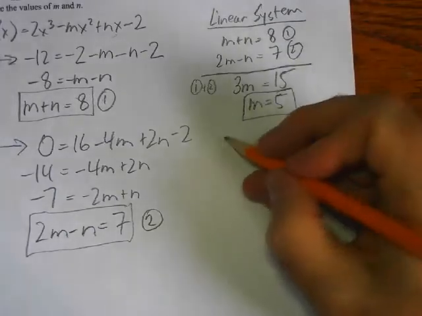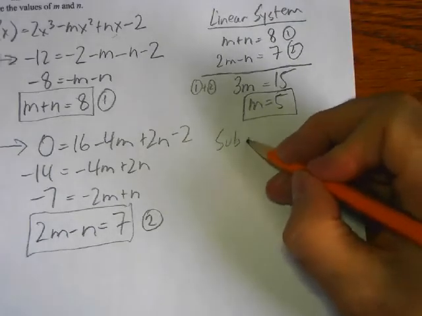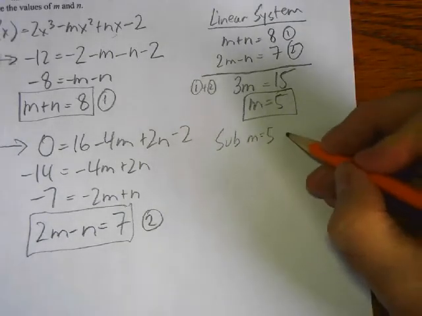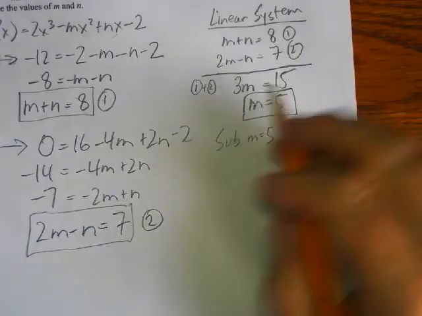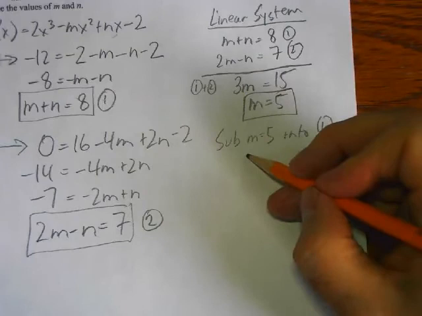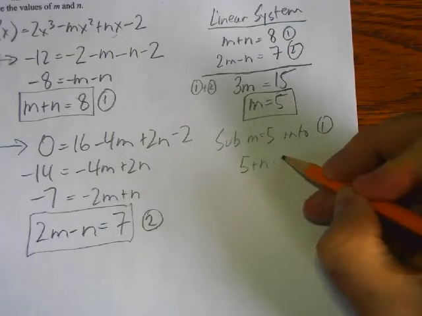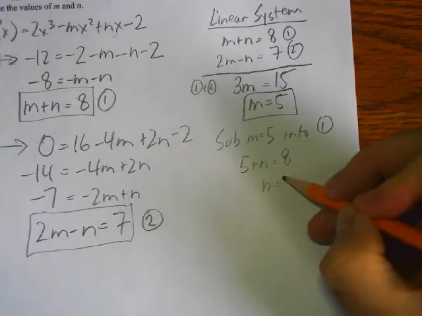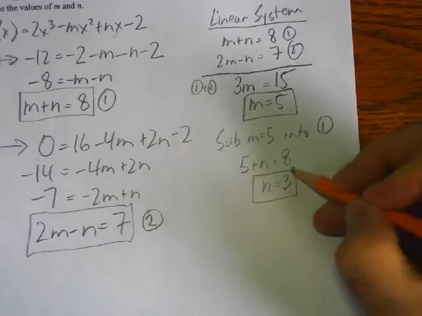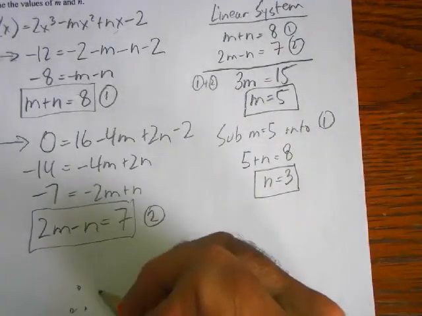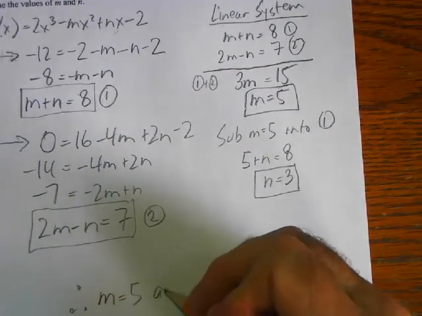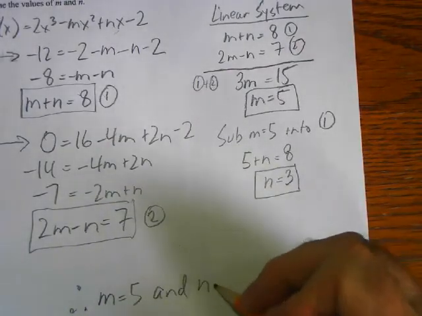Okay, and now you substitute m equals 5 into either equation. I'm going to sub it into 1. So if m is 5, that becomes 5 plus n equals 8. n equals 3. Here's my solution. So therefore, just to summarize, m equals 5 and n equals 3.